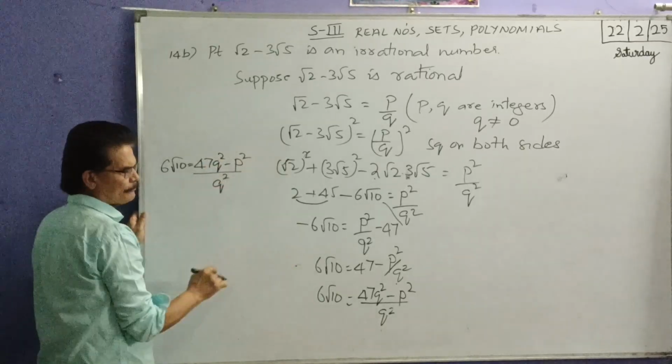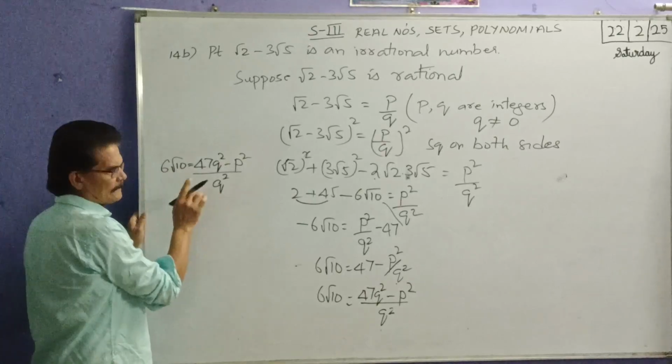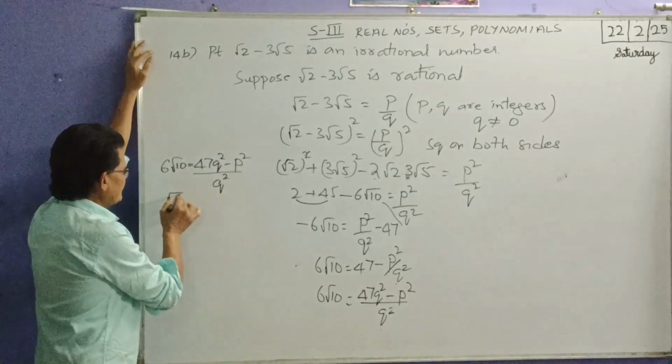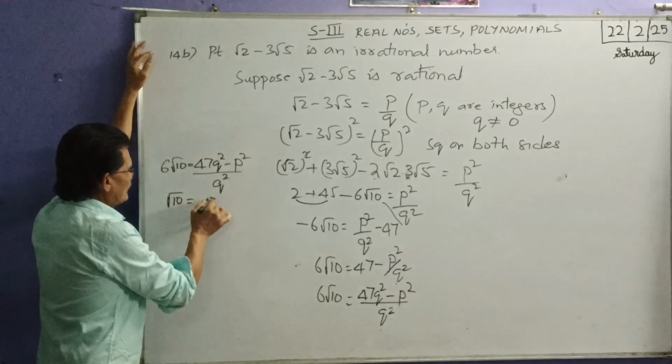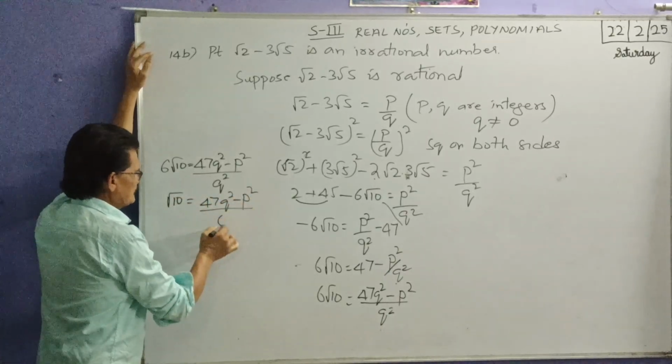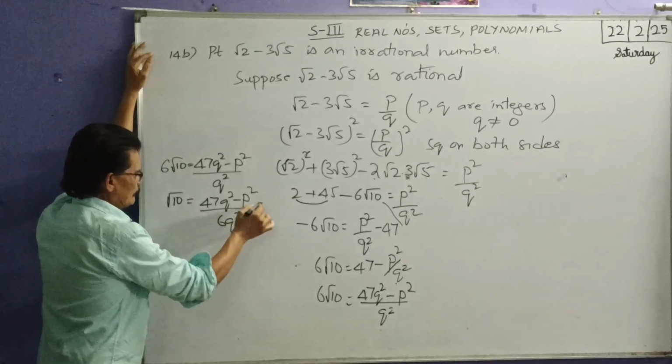Again I put down the step. Okay. Now this 6 will go to the other side. Into becomes by. So root 10 is equal 47 q square minus p square by 6 q square.